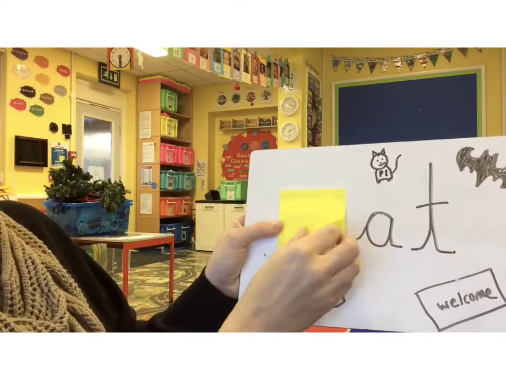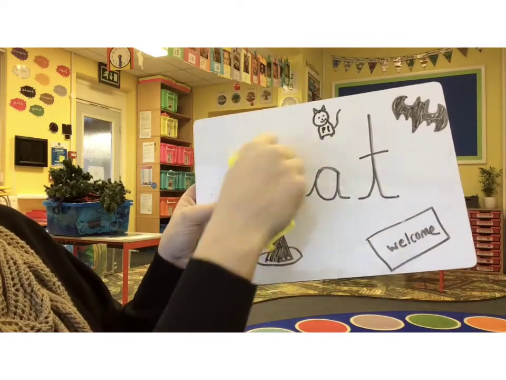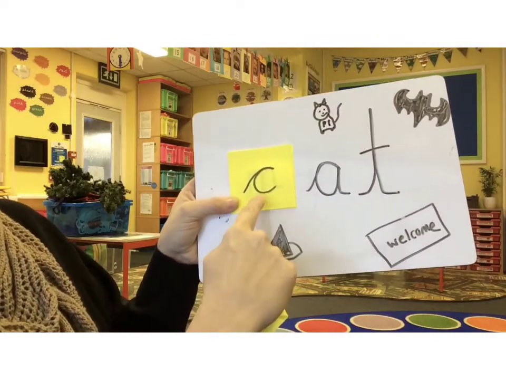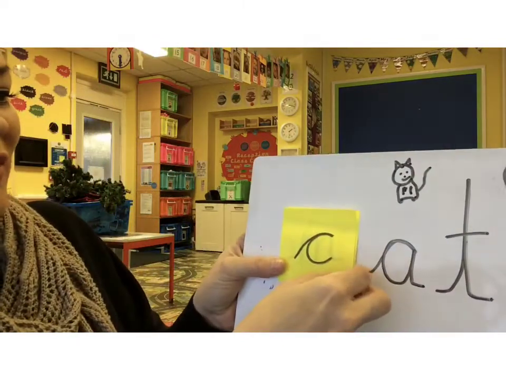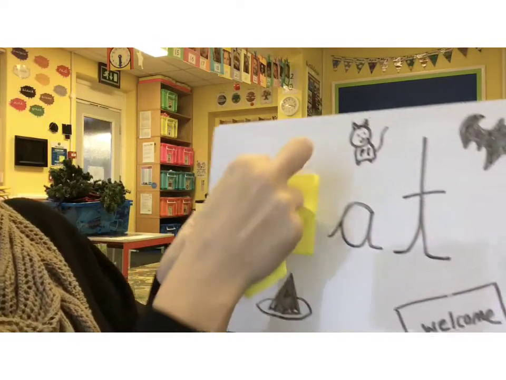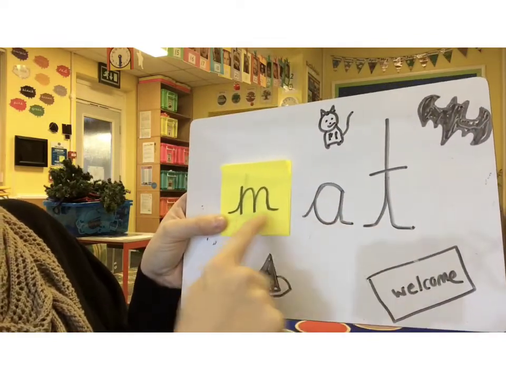And I peeled off this paper and underneath was a at cat. And he said, oh, okay, so you can write cat, but you can't write anything else. So I peeled off the next piece of paper. At mat.